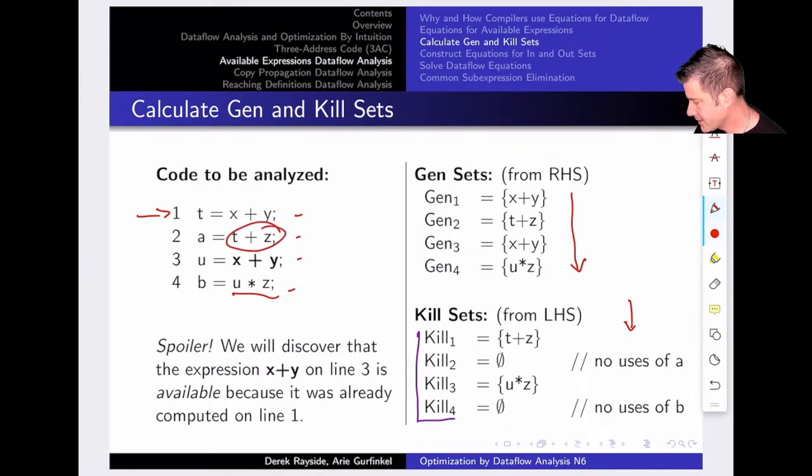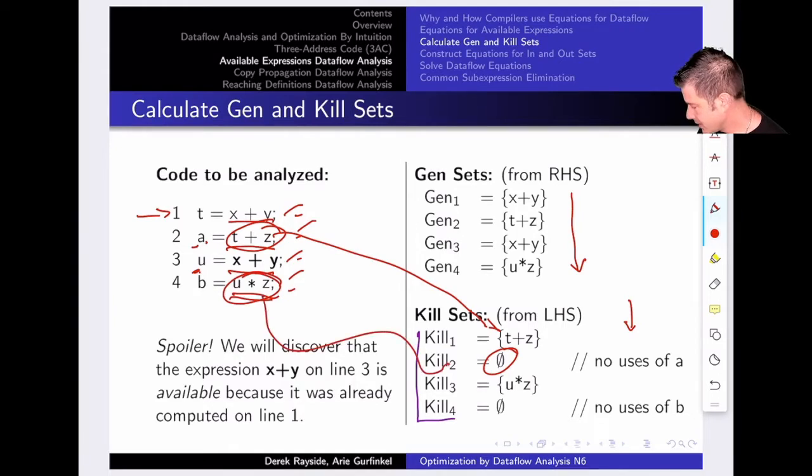Oh, this one has t, so that goes into the kill set. We go for the second one. This one kills anything that contains a. There are no expressions here that have a in it, so the kill set is empty. This one kills everything that contains u. We look at all expressions to see which one has a u in it. This one does, so that goes into the kill set.